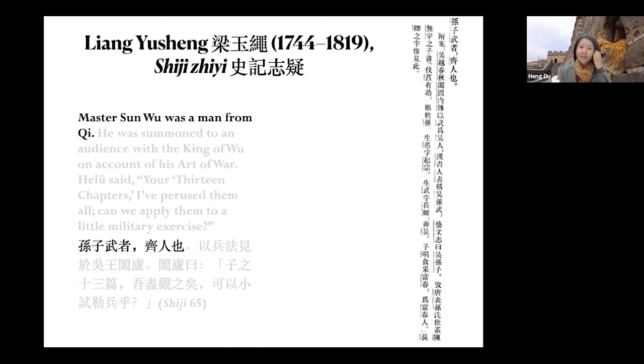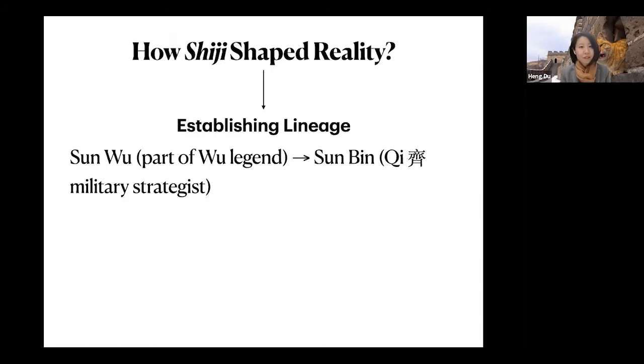If we think of text as a reflection of reality, then our question would be, where is he from? One of these two propositions is true. But we can instead ask, what does it do to associate Sun Wu with Qi versus Wu?